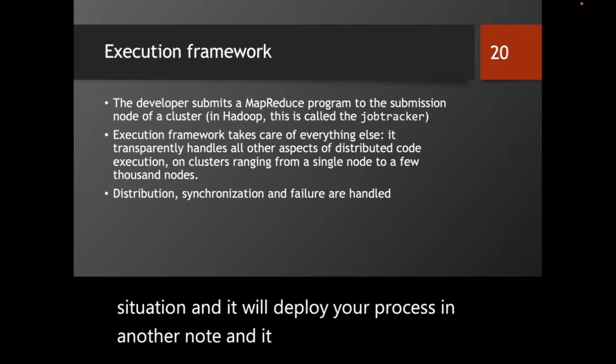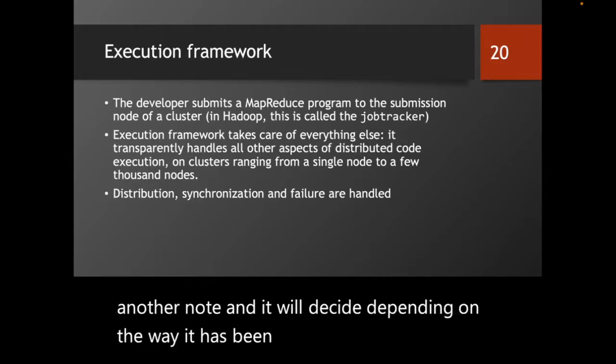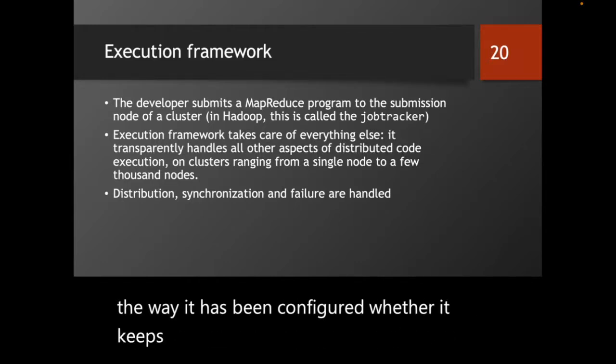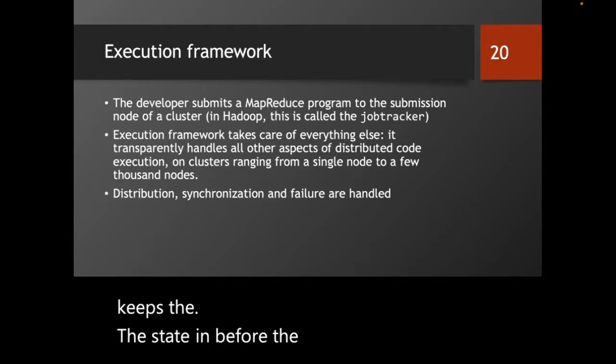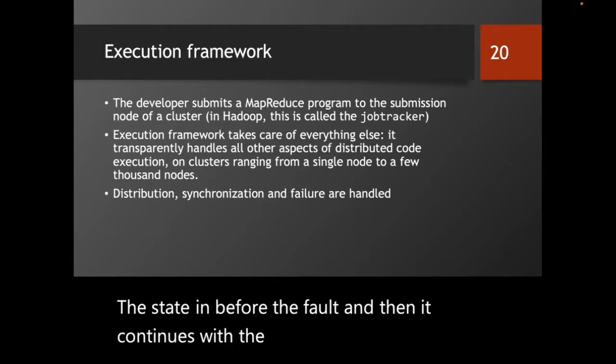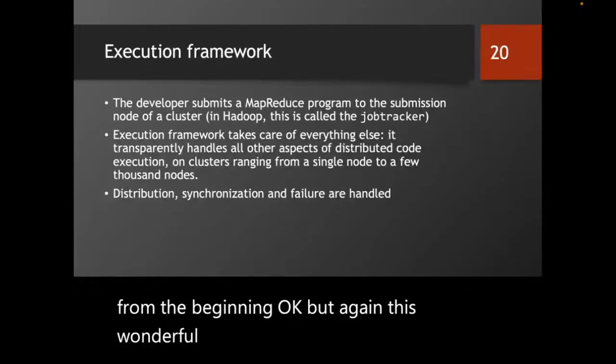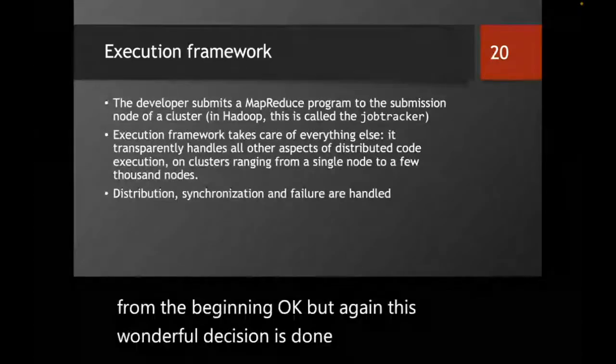Depending on the way it has been configured, it will decide whether it keeps the state before the fault and continues with the rest, or starts the process from the beginning. Again, this decision is made by the infrastructure.